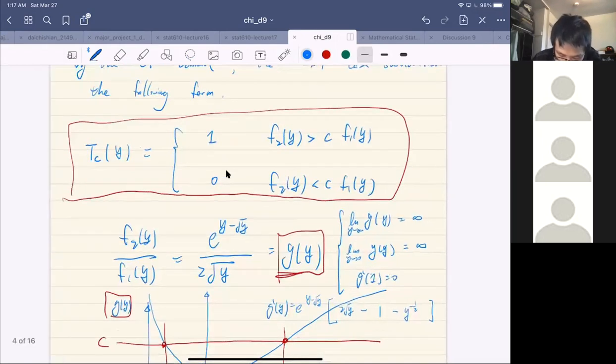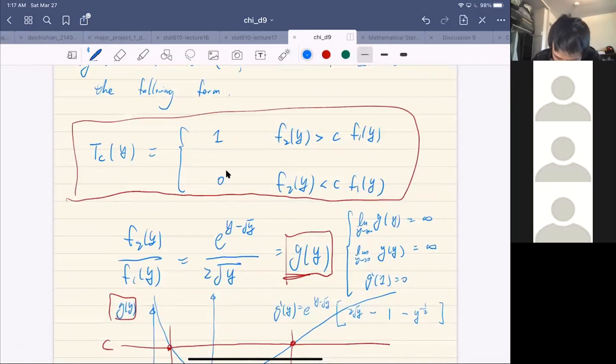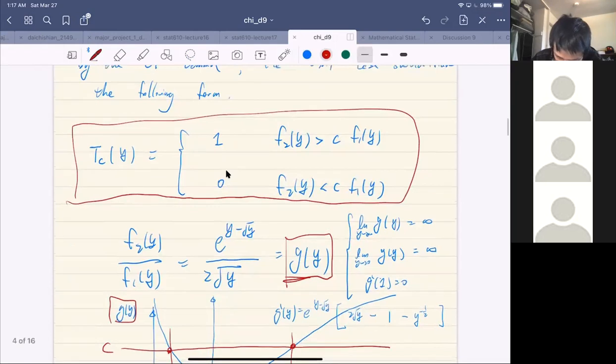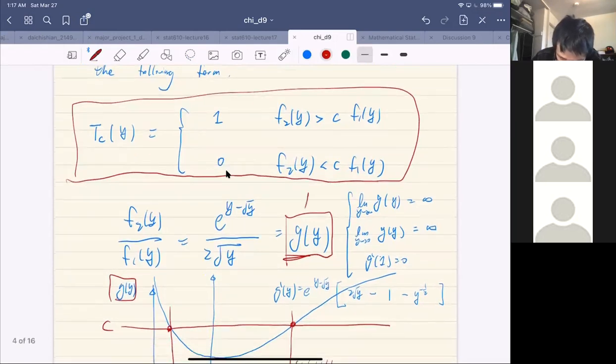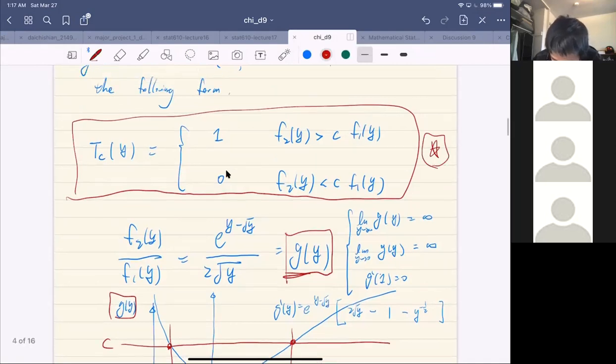I think in the exam, if you figure out G is very messy, then you can just leave it as is, and in general you can get almost all the points.